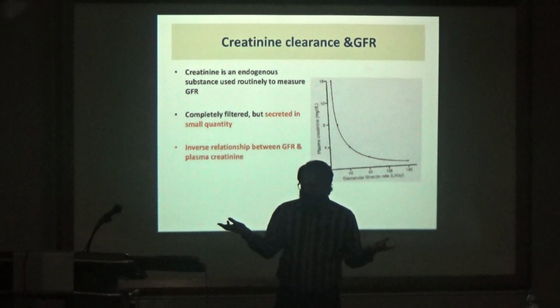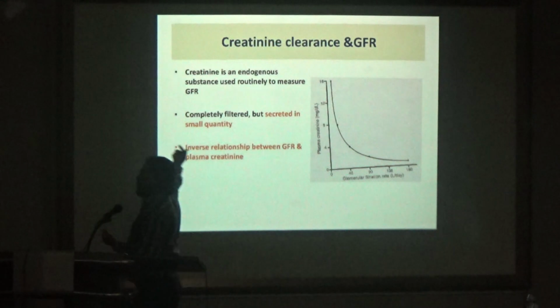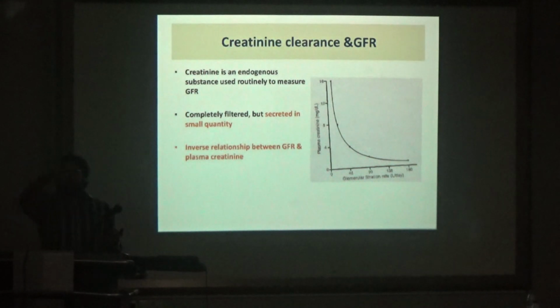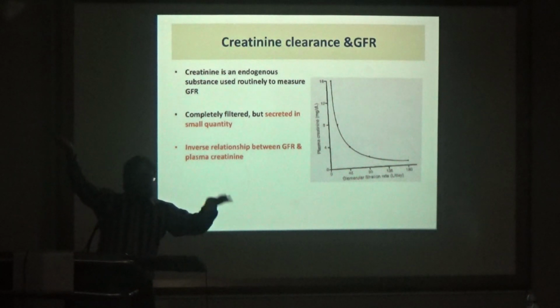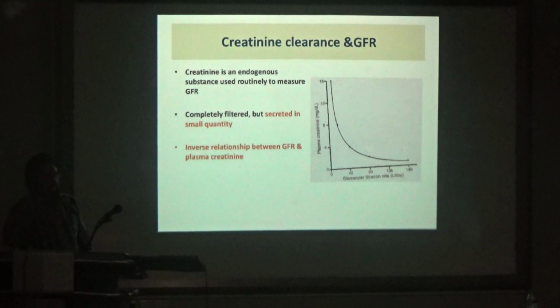No. So if plasma creatinine is high, my GFR is low, meaning my kidney function is low. Ideally, my plasma creatinine should be very low. That is the idea about creatinine clearance.